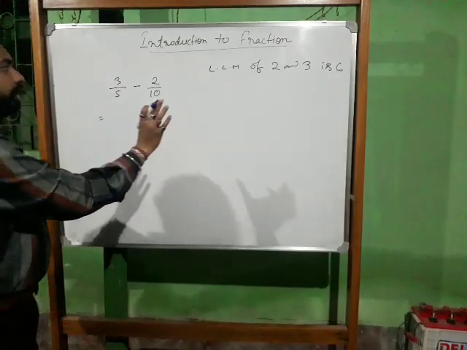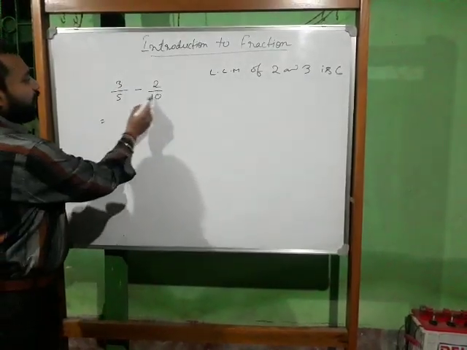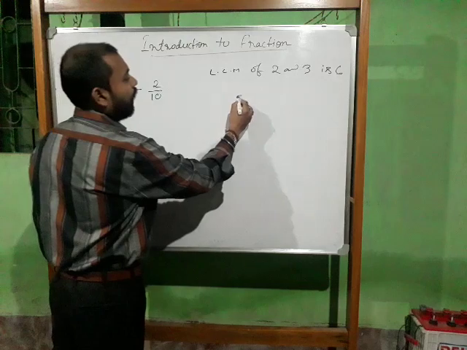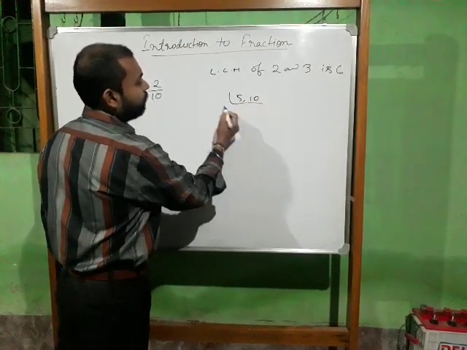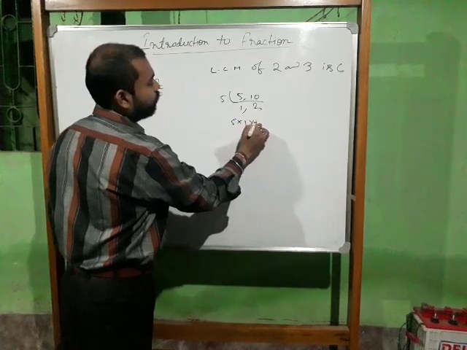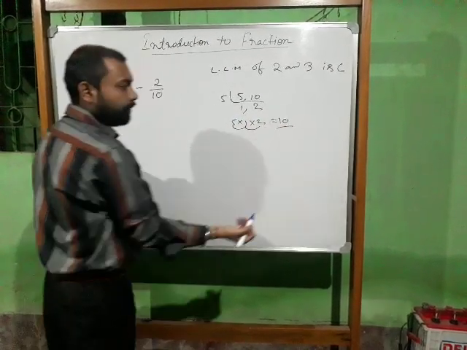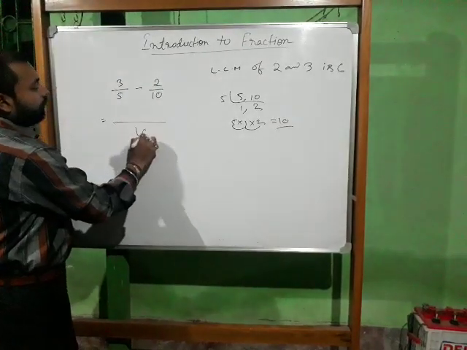Now let me show a little bit of shortcut, okay. That was a little bit long process. Now I will do a little bit of shortcut process. So 5 and 10, as you know, what will be the LCM? 5 ones are 5, 5 twos are 10. So LCM is 5 into 1 into 2, and it is 10. So let LCM be 10.